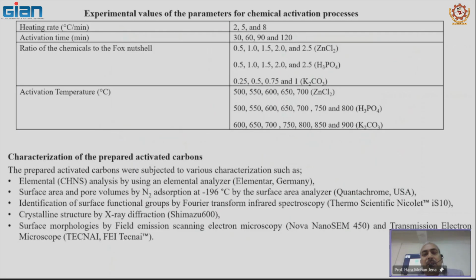So experimental value of the parameters for chemical activation is shown in this figure for different materials, how much it is used, how much impregnation ratio is used. These things are mentioned here. The characterization of the prepared activated carbon is done by elemental CHNS analysis, surface area and pore volume by nitrogen adsorption, and identification of surface functional groups by FTIR.